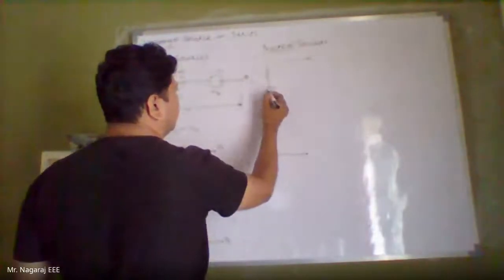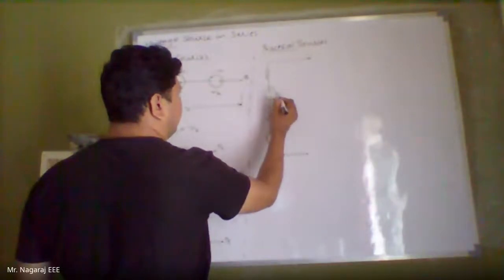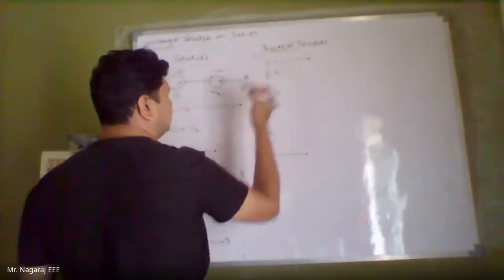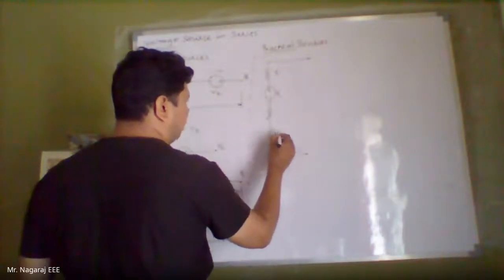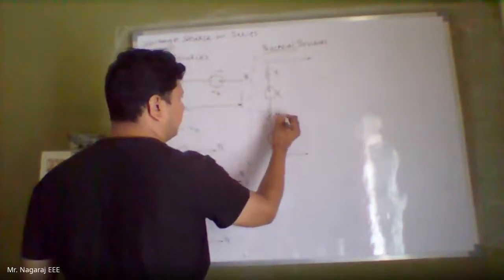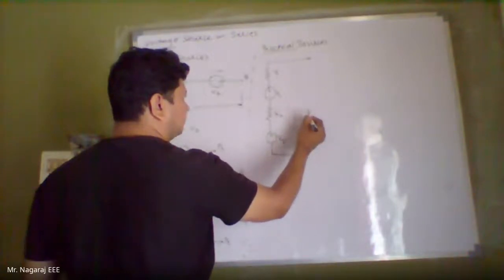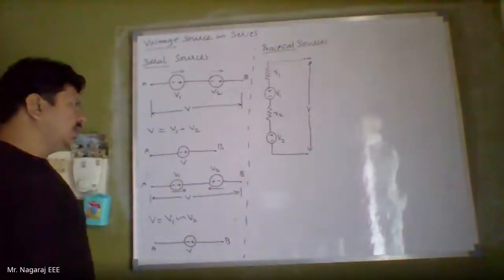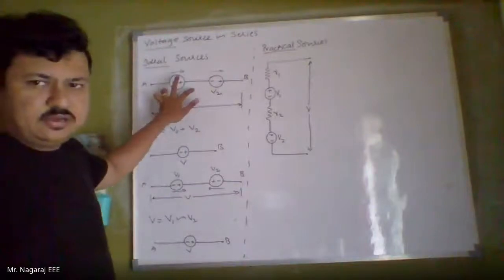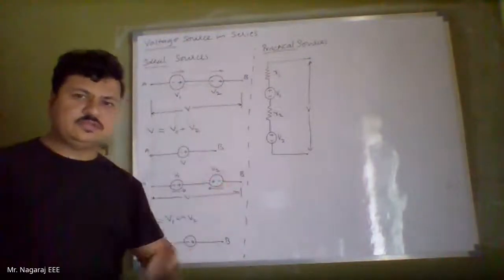Now suppose I have a V1 with an internal resistance of R1 and I have V2 with internal resistance of R2. Now I need to find what is V. Simple. Now in ideal sources, what I did, I observed the polarity of the source values.